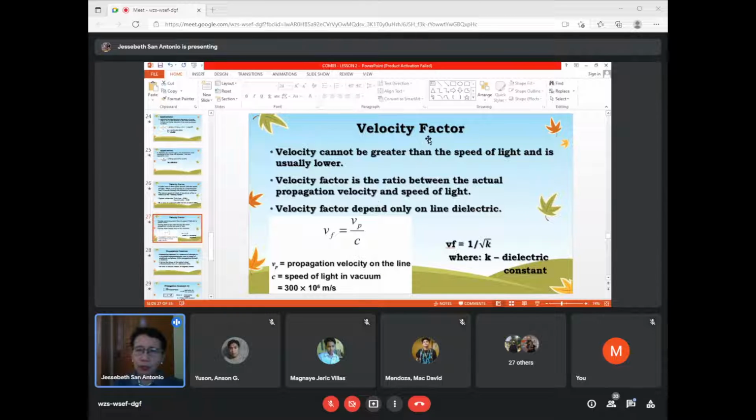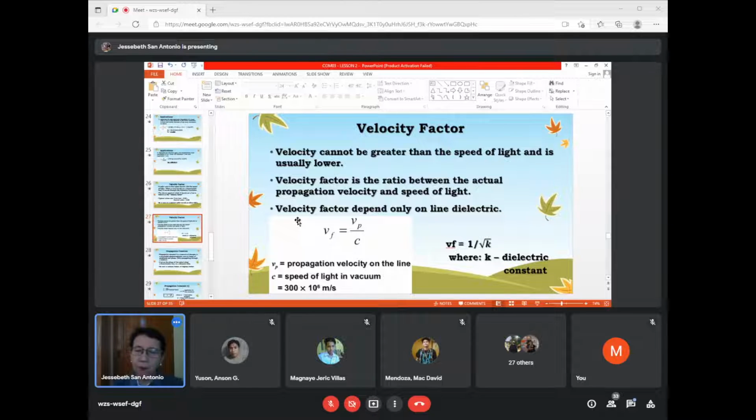And velocity factor is very much dependent on the dielectric that is being used. So the velocity factor varies because the insulation used varies. It can be Teflon, paper, rubber, or ceramic. So the velocity factor depends on the insulation used.